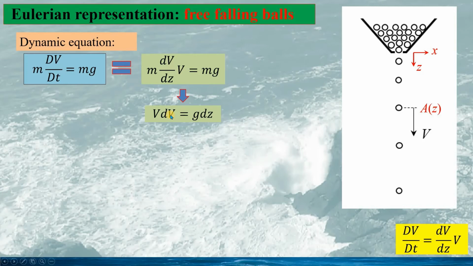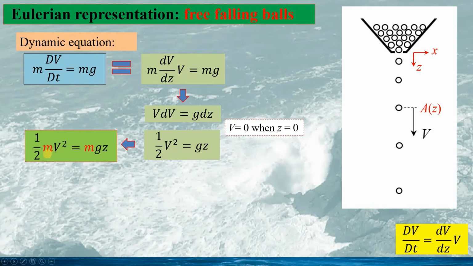So we have the equation as this, and we integrate this equation by considering the velocity is 0 when z is 0. So we have the expression as this, and multiply the mass of the ball into the equation.